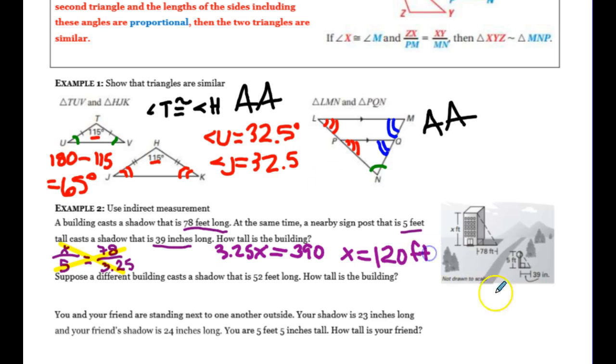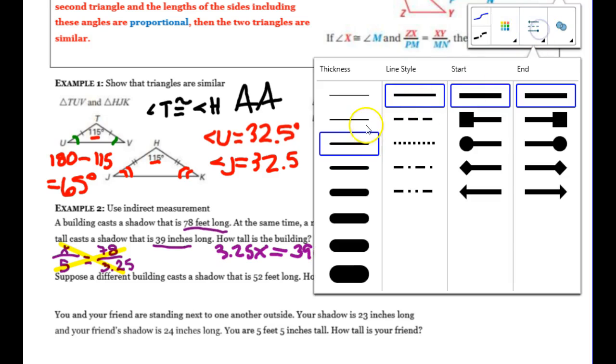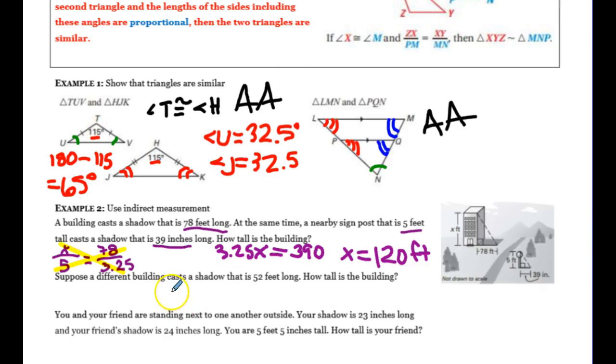So our building is 120 feet tall. Now, in example 2, we want a different building, but its shadow is 52 feet long. So I already know it's going to be a little shorter.